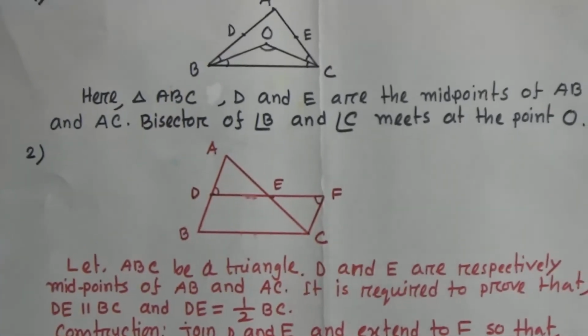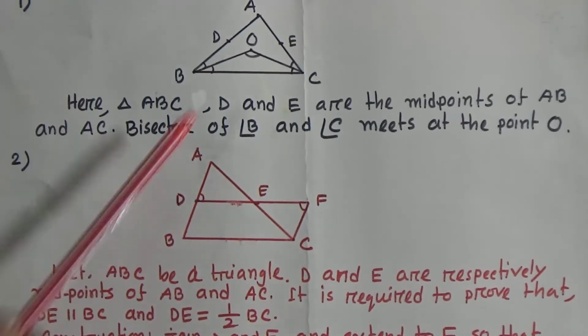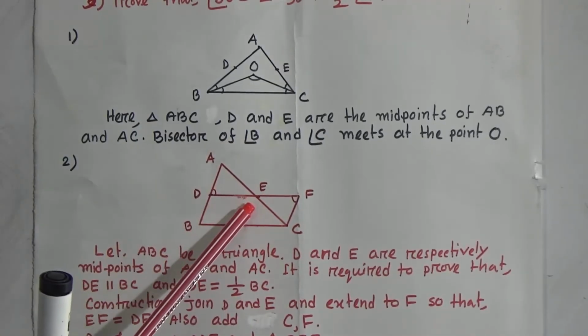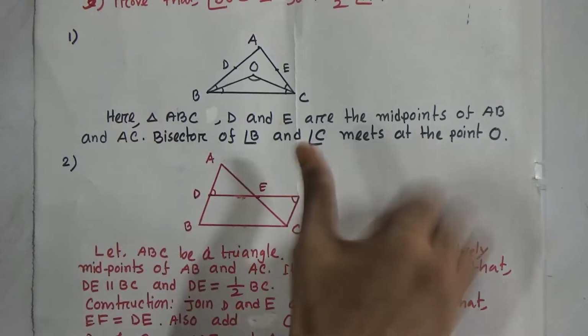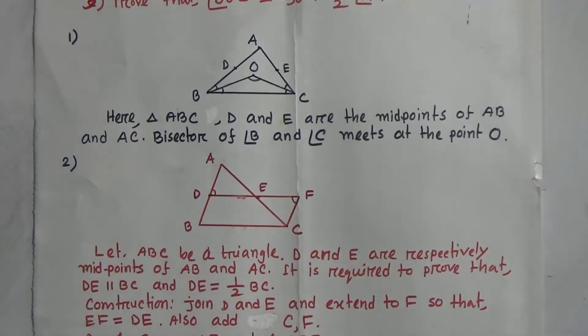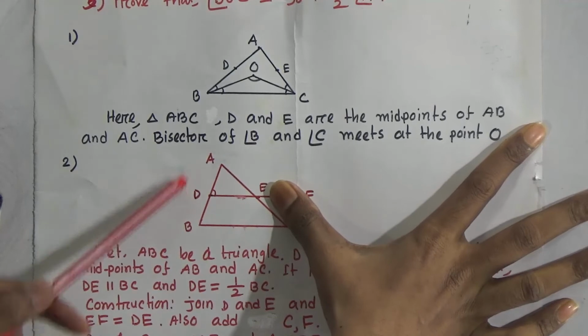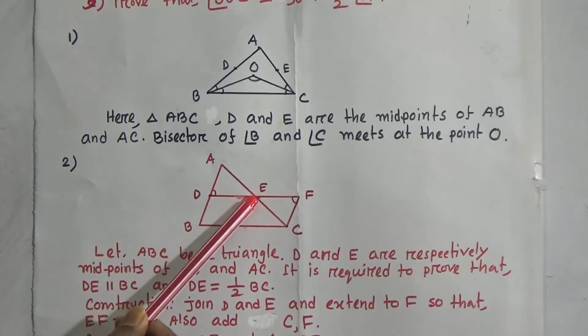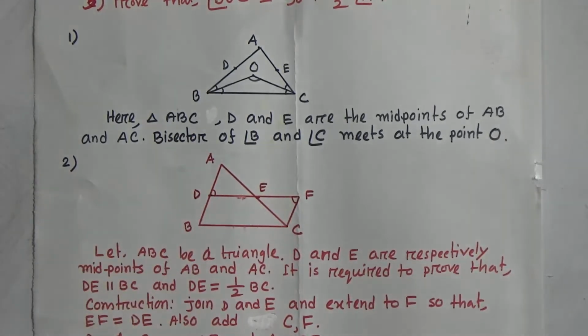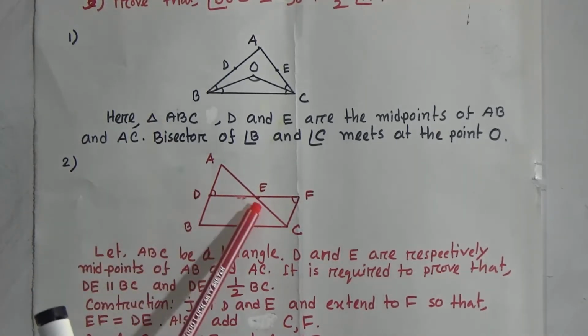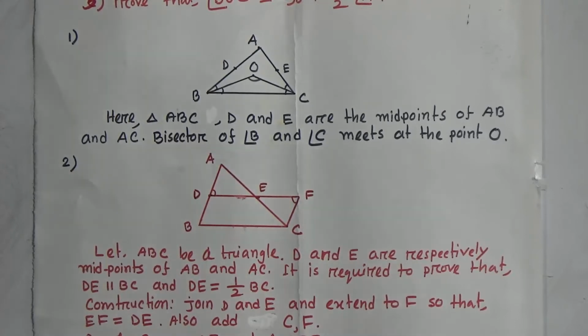D is the midpoint of AB and E is the midpoint of AC. Now we have to prove that DE is parallel to BC and DE equals half of BC.